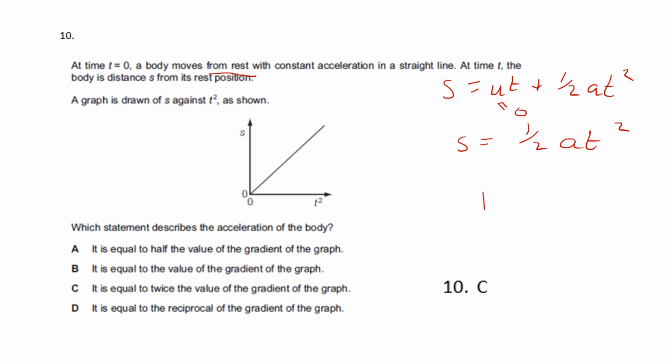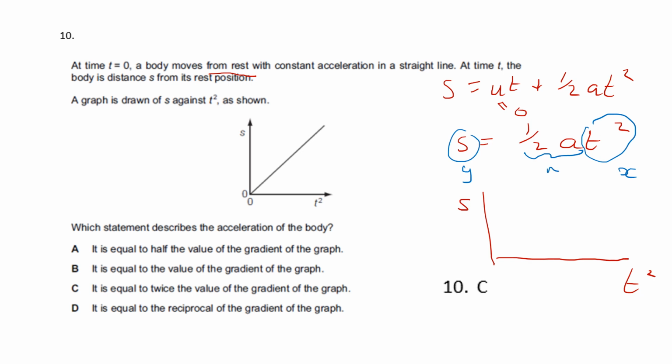Using our knowledge from maths of y equals mx plus c, on the y-axis we have s and on the x-axis we have t squared. Then the bit that's multiplying t squared is going to be our gradient m.